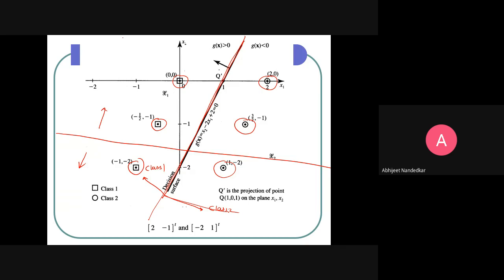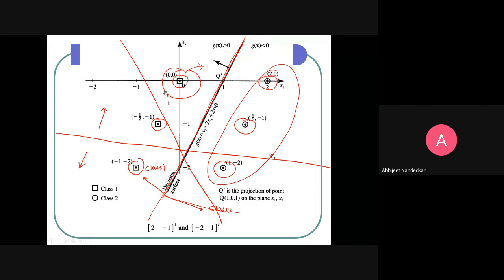Then somebody says, okay, I will draw like this. Is this fine? Then I will say, okay, this is better than the earlier one, but still this sample is declared as class 2 since this side is majority class 2, and this is a wrong thing. This is a wrong sample this side.